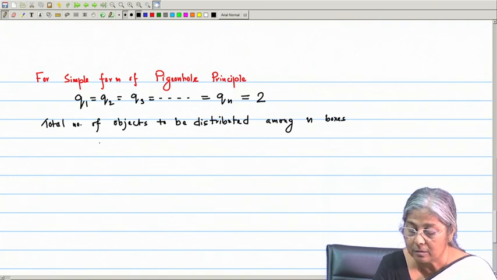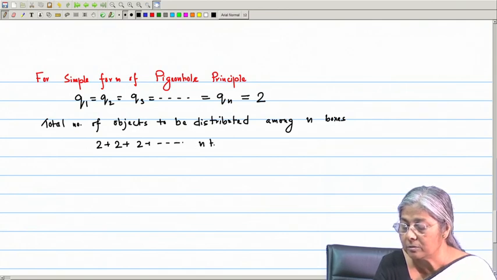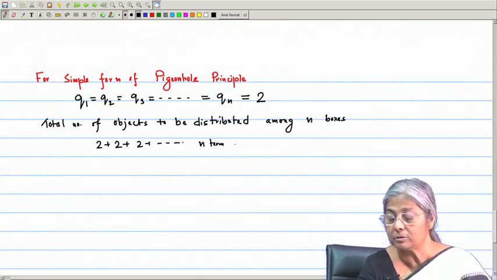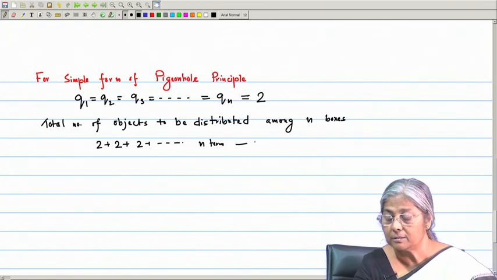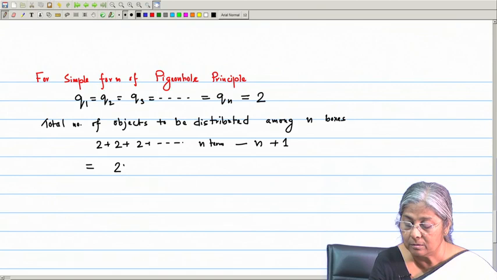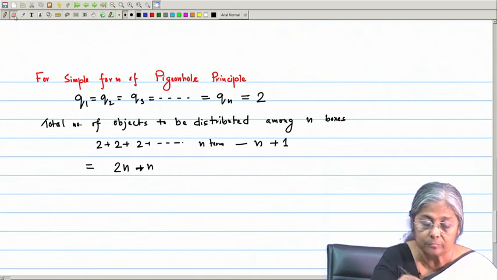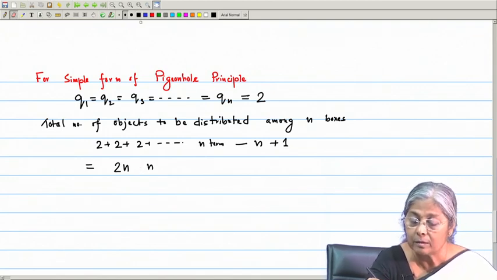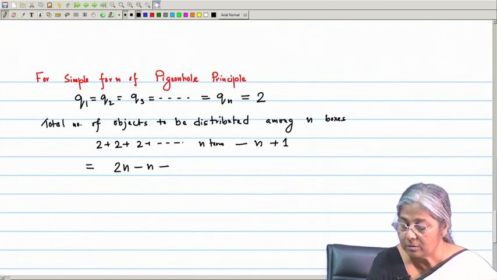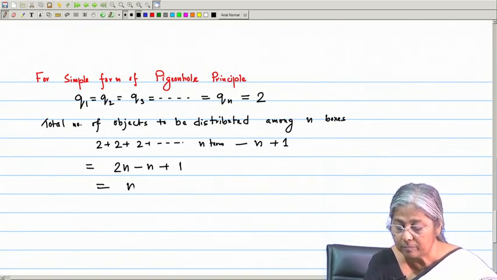It is 2 plus 2 plus 2, n terms, since I have n boxes, then minus n plus 1. So, this becomes 2n minus n plus 1, equal to n plus 1.